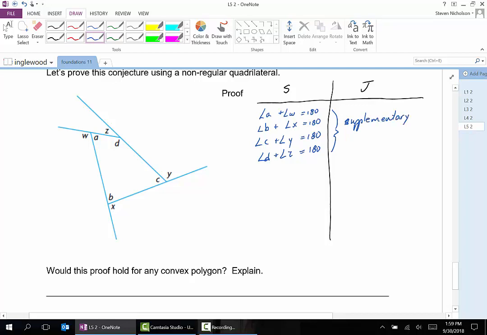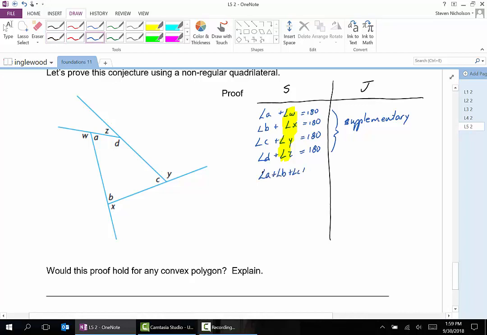Now remember, we want to show that these things right here equal 360. That's going to be our last statement. But we do know something else. We do know that A plus B plus C plus D equals 360, interior angles of a quadrilateral.